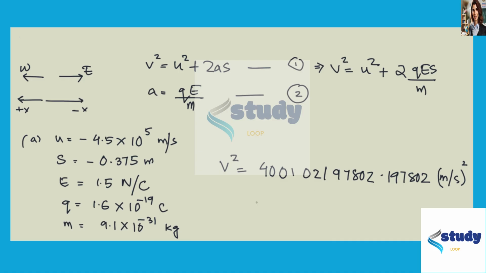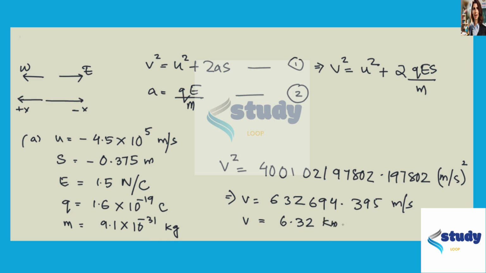Therefore, v will be equal to the square root of this value, and hence that will be equal to 632694.395 meter per second. It's better to express this in terms of kilometer per second, so we can have a relatively small value, so approximately 6.32 kilometer per second. So this is the velocity of the electron in the first part.